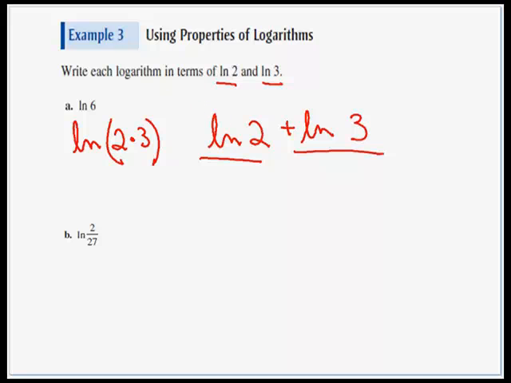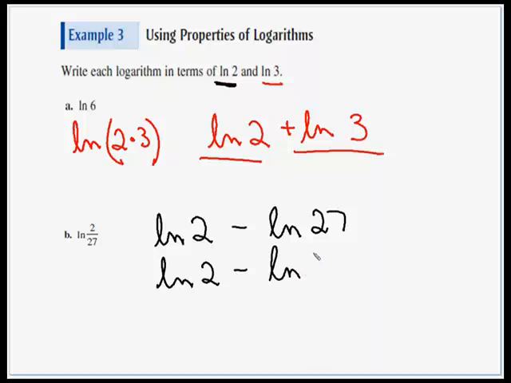B is a little different. The ln of 2 divided by 27. Well, we have a quotient, a division, so it's going to be the ln of the numerator minus the ln of the denominator, 27. But we got the first part in terms of ln of 2. We need ln of 3, and we got this 27. What can we do to 27?